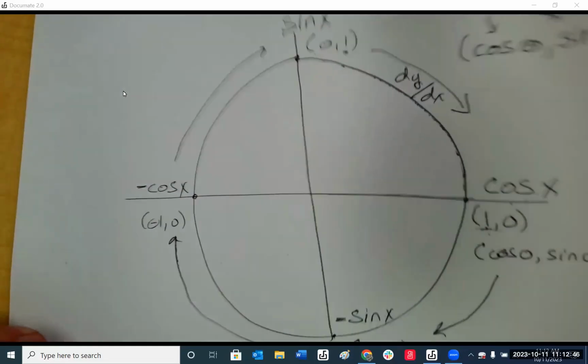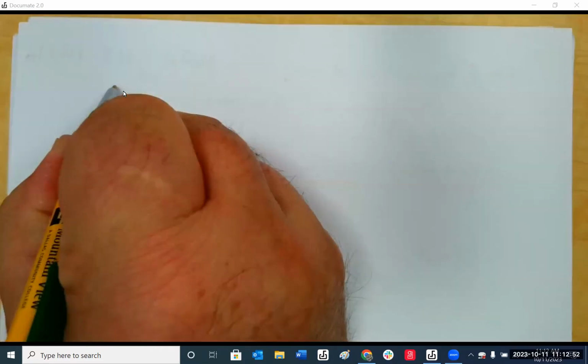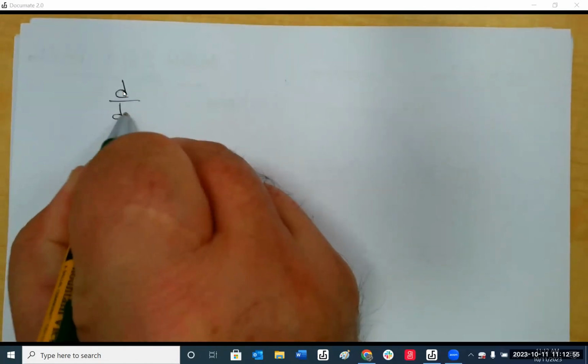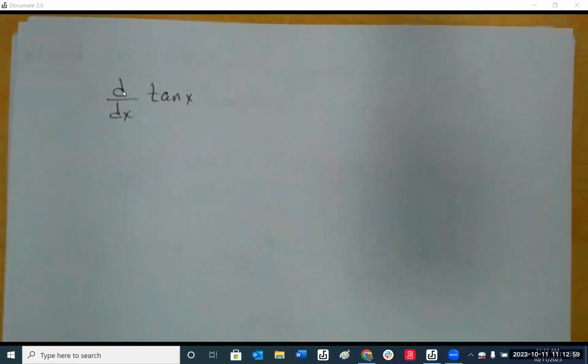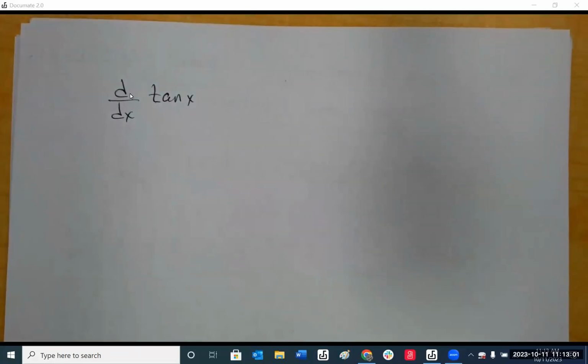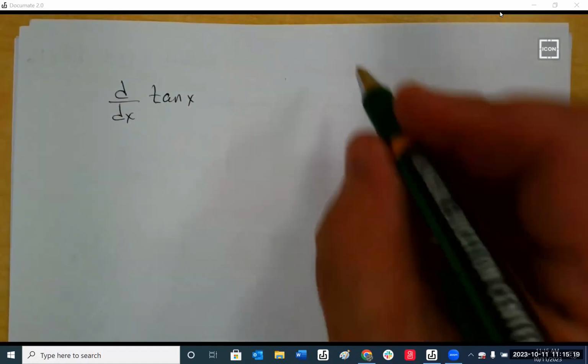So with that, since we know the sine and cosine, find me the derivative of tangent. Right?